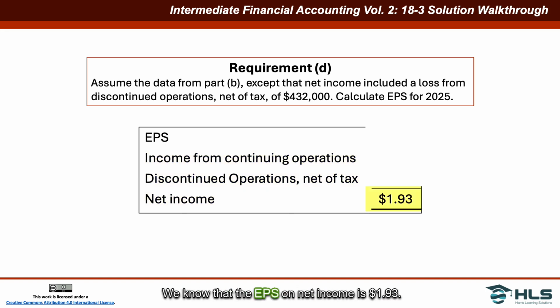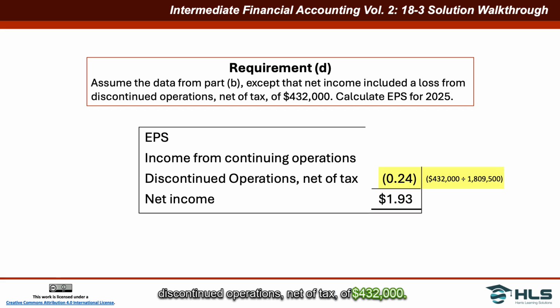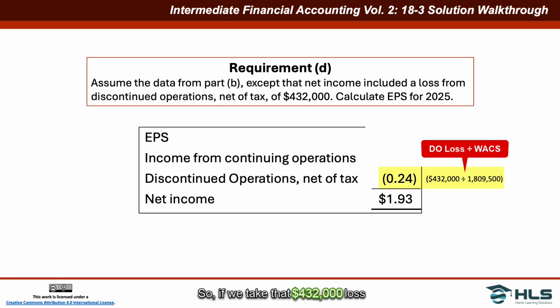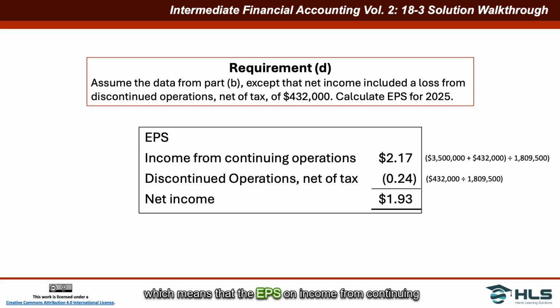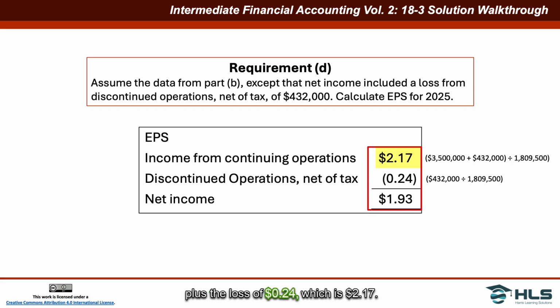We know that the EPS on net income is $1.93. We also know that the net income included a loss on discontinued operations, net of tax, of $432,000. So if we take that $432,000 loss and divide by the 1,809,500 weighted average number of common shares, that results in a loss in earnings per share of 24 cents, which means that the EPS on income from continuing operations has to be the $1.93 on net income plus the loss of 24 cents, which is $2.17.